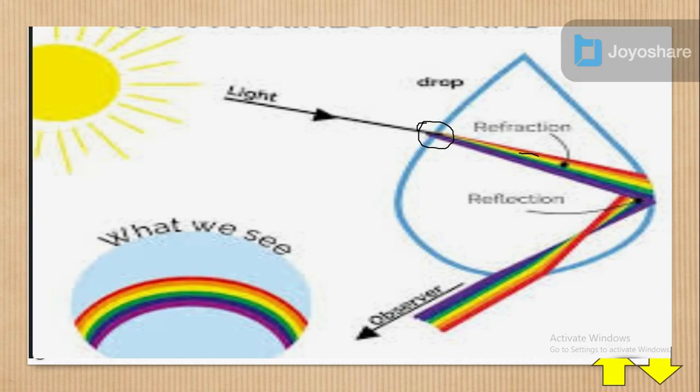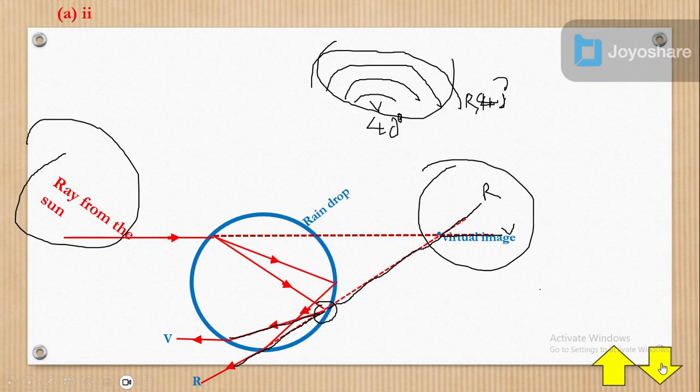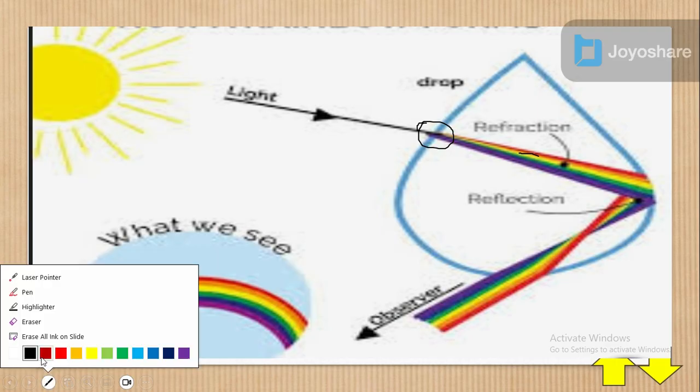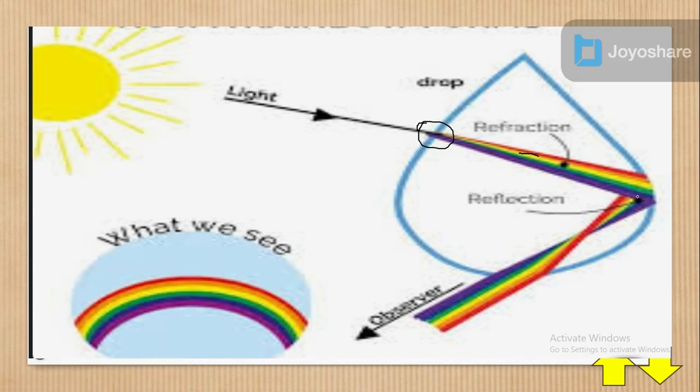So this diagram we have up here summarizes the version in 3D. So you find that here light has been split. Now what happens at this level here is that total internal reflection takes place, and then the rays are reflected back.